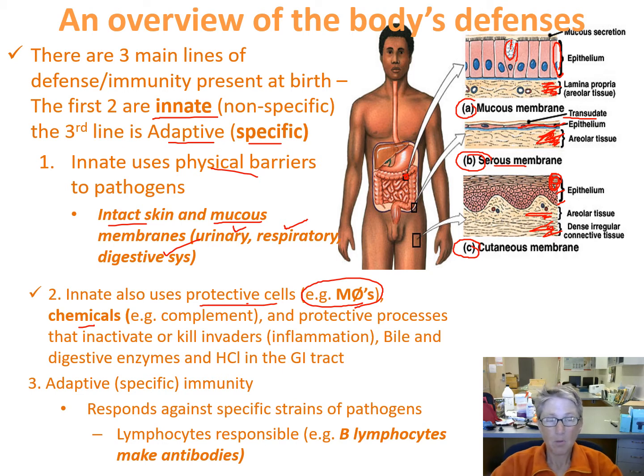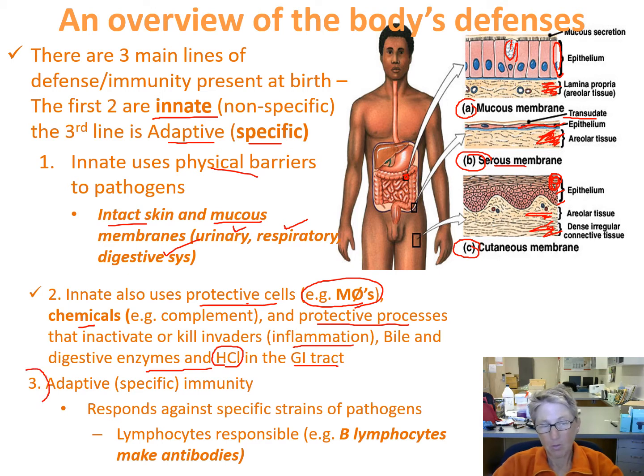The innate immune system also uses protective processes that will inactivate invaders or kill the invaders, like inflammation. It also uses things like bile and digestive enzymes, hydrochloric acid in the stomach, and other chemicals in the GI tract to ward off the bacterial invasion.